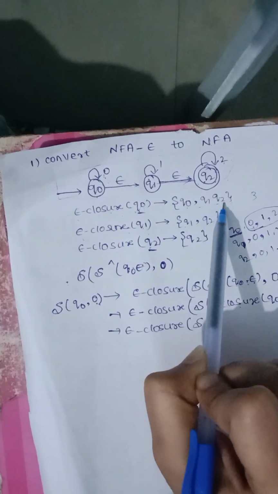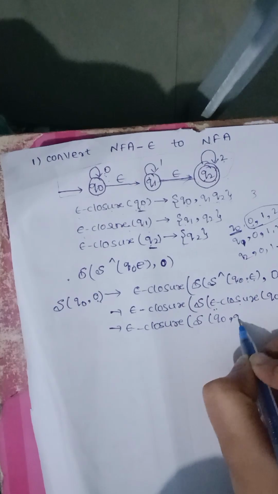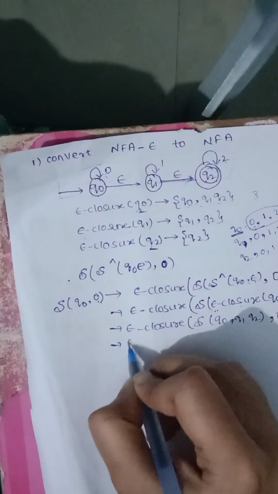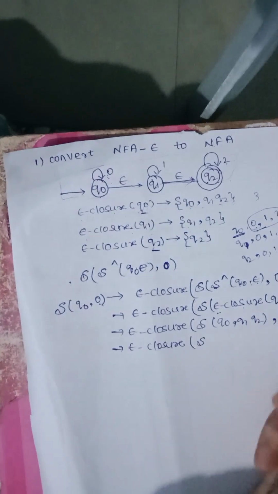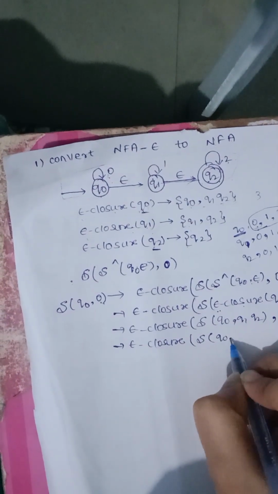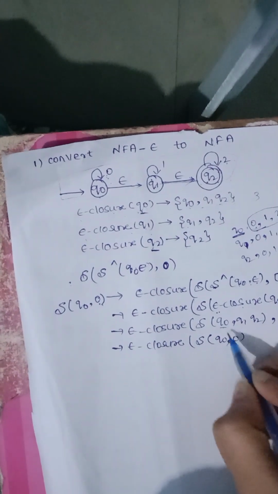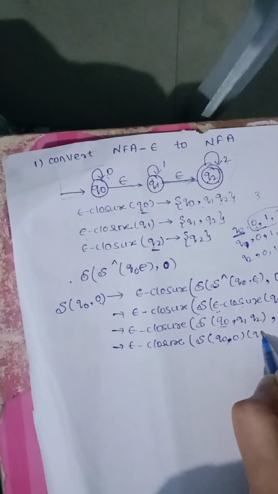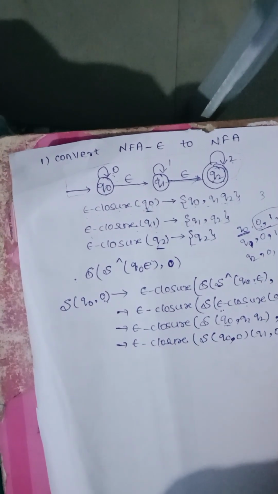Q0, Q1, Q2. So these will be written here: epsilon closure of delta of Q0, Q1, Q2 comma 0. For every state the input will be added: Q0 0, Q1 0, Q2 0.